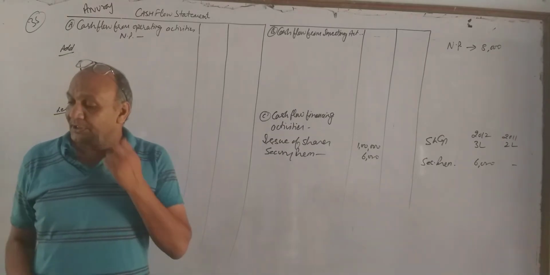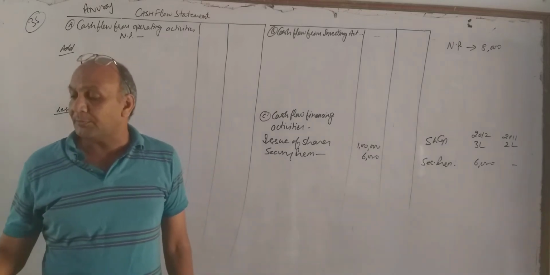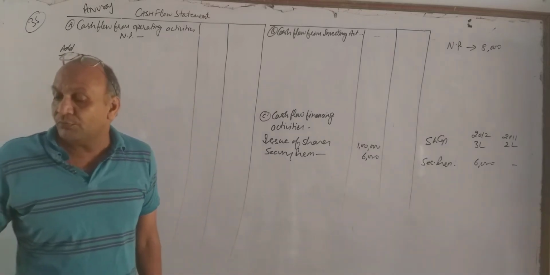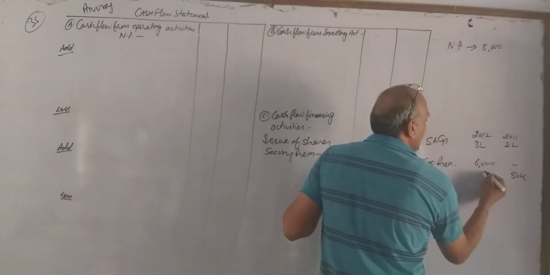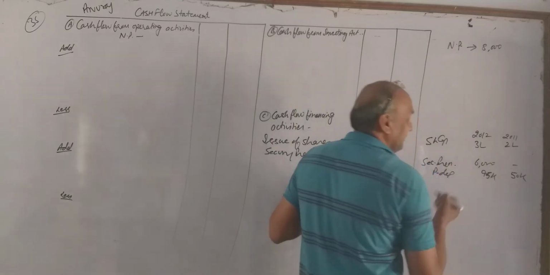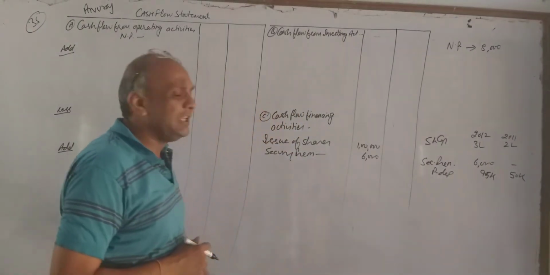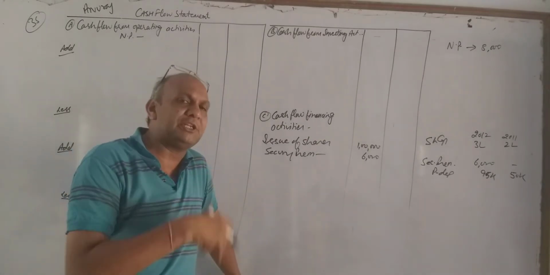Now after reserve and surplus, the next heading is long term borrowing, and we have note number 2. In note number 2 we have long term borrowing, public deposit. Last year 50,000, now 95,000. Public deposit means we invited the public to deposit their money as fixed deposit in our company.